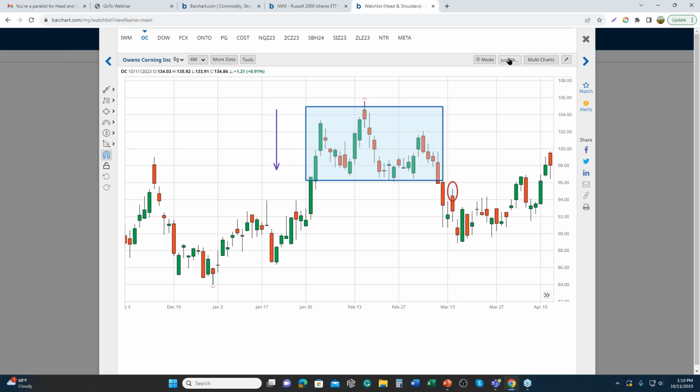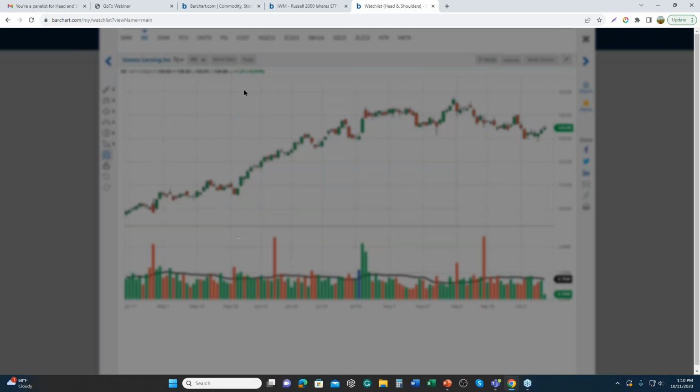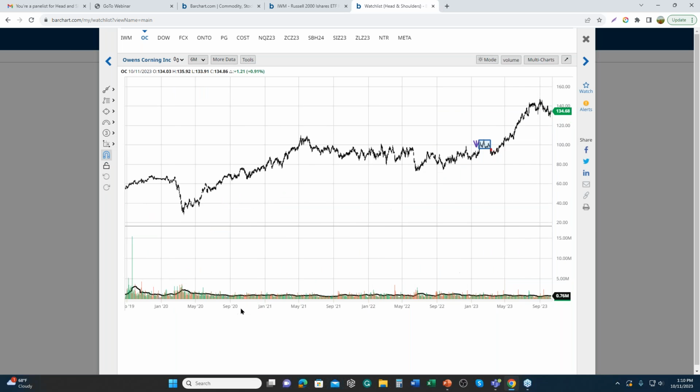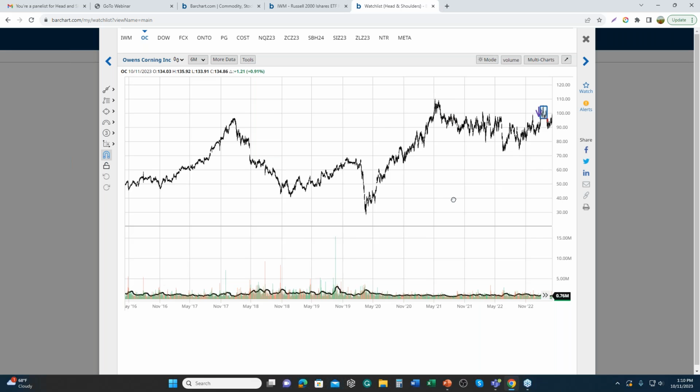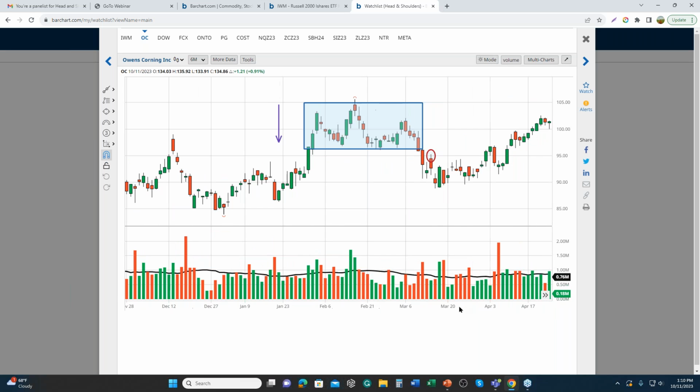And let me put up volume here. Again, I apologize, I didn't have this set up. A light volume through the breakout tends to breed these retests.